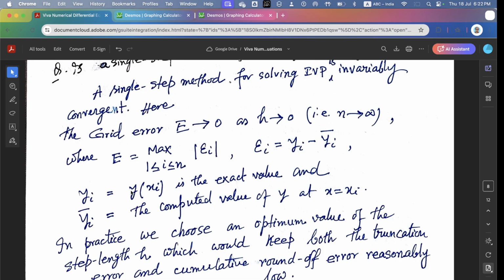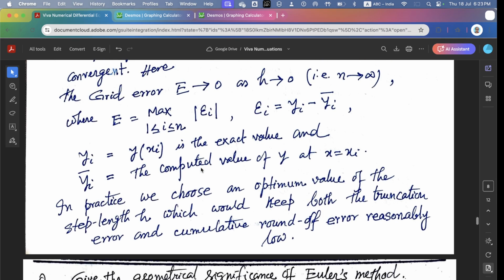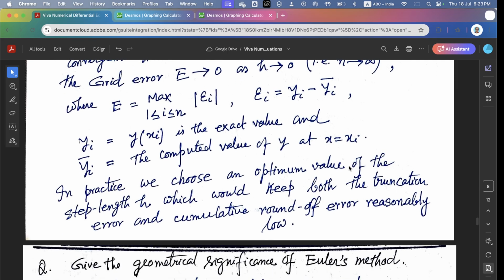Here yi is the exact value of y at the point xi, on the exact curve, and yi bar is the computed value of y at the point x = xi, with i ranging from 1 to n. In practice, we choose an optimum value of the step length h, which keeps both the truncation error and the cumulative round-off error reasonably low.